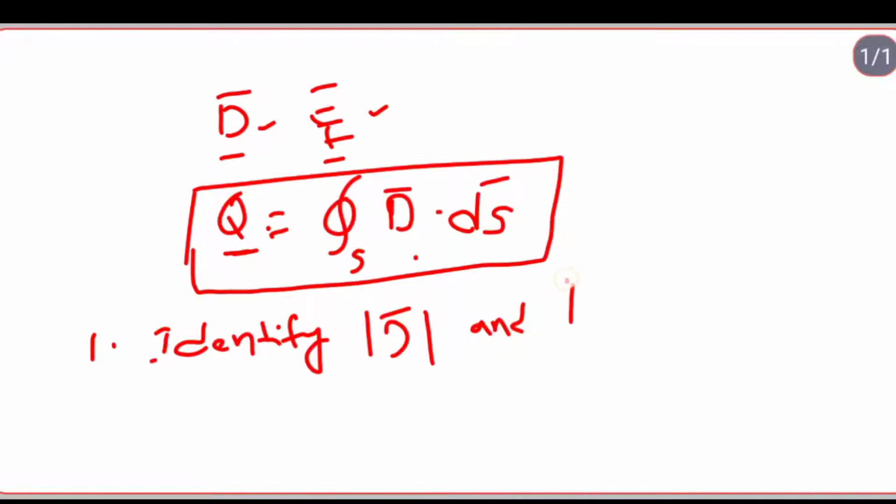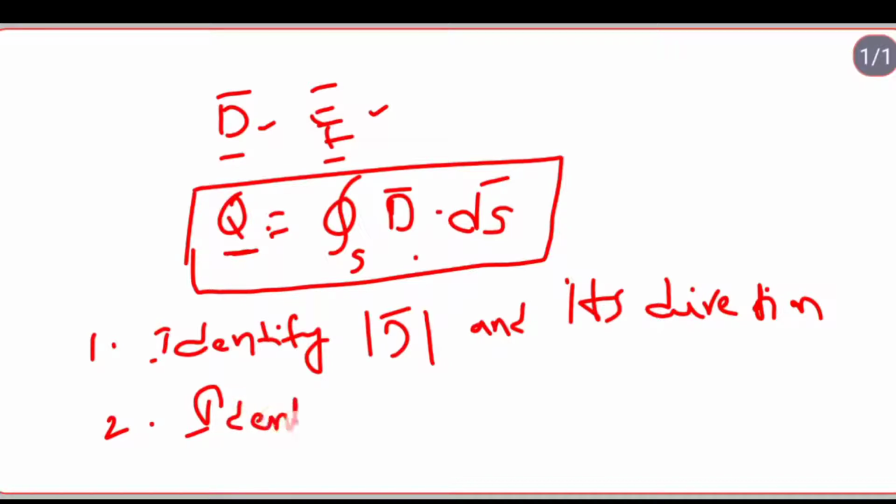That is the first step: identify D bar and its direction. The second is to identify dS, that is, the magnitude of dS and the direction normal to dS.